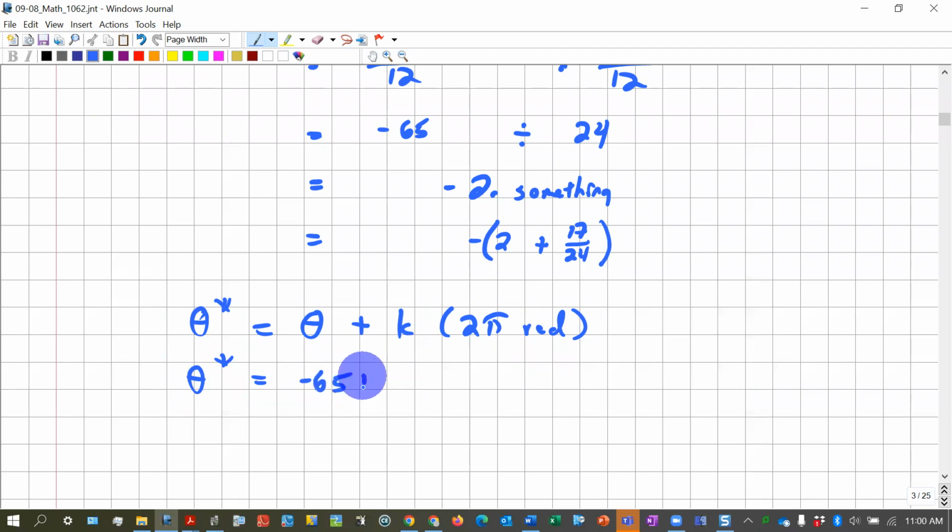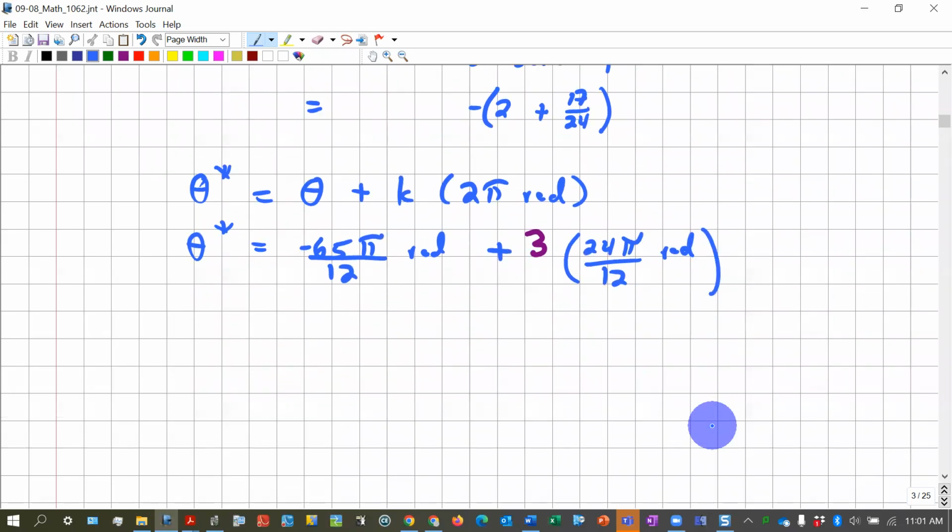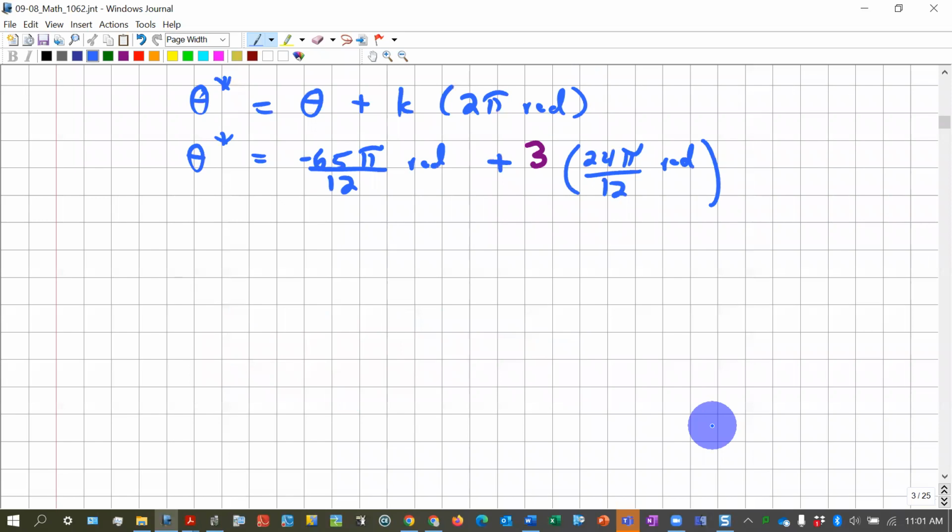So negative 65 pi over 12 radians plus 3 groups of 24 pi over 12 radians. 3 groups of 24 is 72.